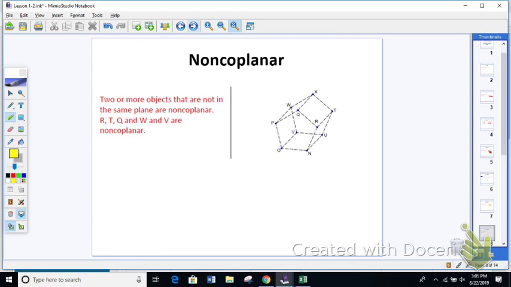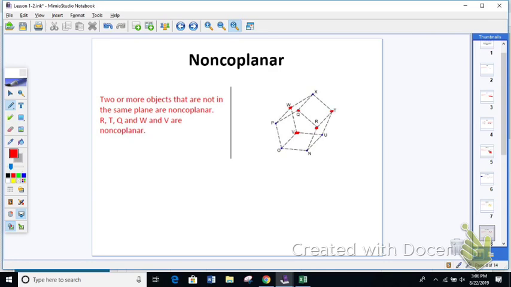Non-coplanar, 2 or more objects that are not in the same plane. So this time we're working with points R, T, Q, W, and V. When I'm looking at all 5 of them, they are non-coplanar.